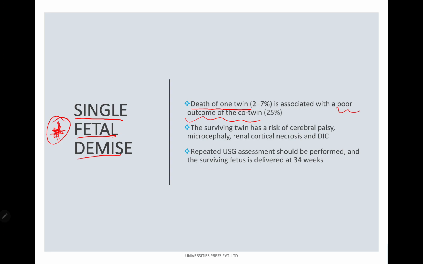So the surviving twin, or the co-twin, has a risk of cerebral palsy. Very, very important. It has a risk of cerebral palsy or microcephaly or renal cortical necrosis and disseminated intravascular coagulation.